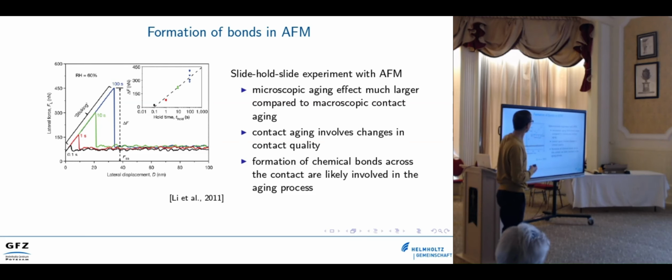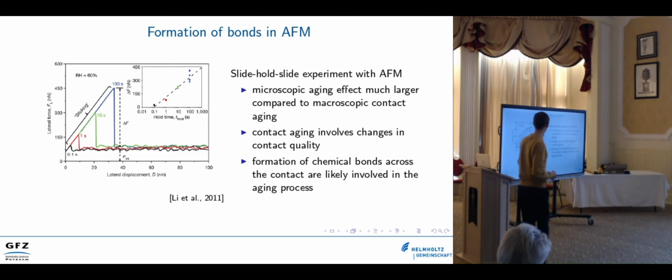So there's a slide-hold-slide experiment, which is often done when friction is analyzed, but at a very small scale, where the processes that I introduced in the beginning are at play. When this experiment is done in a continuous way, the needle is stopped, and then it is moved again.